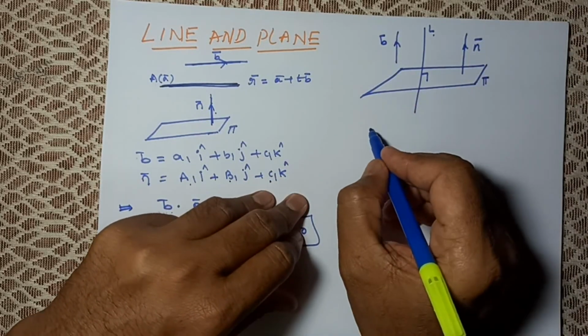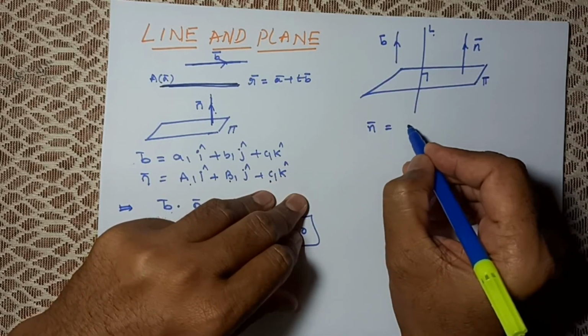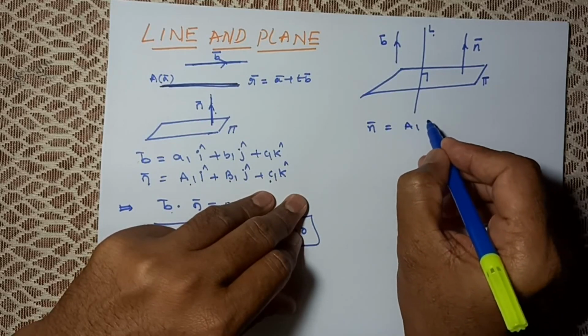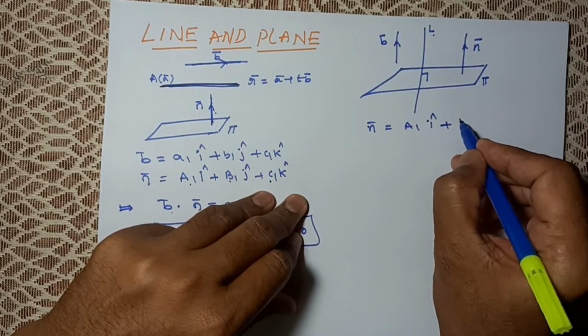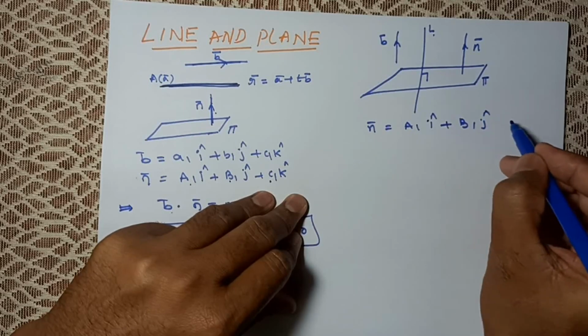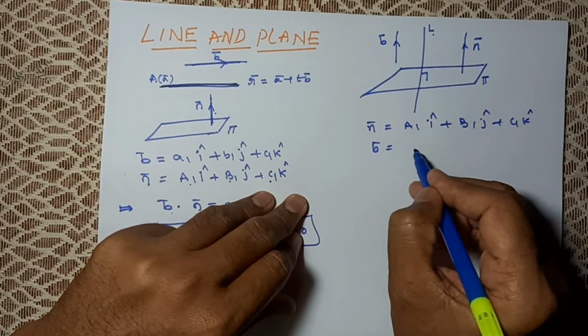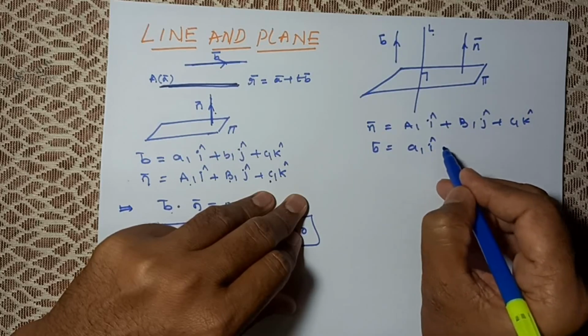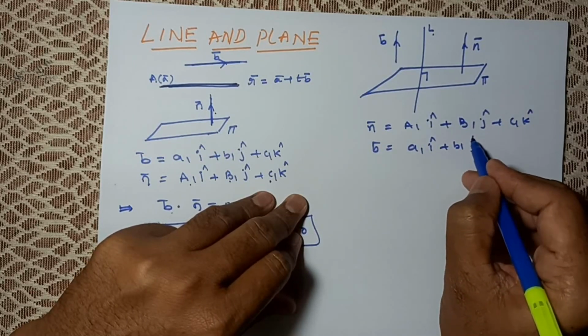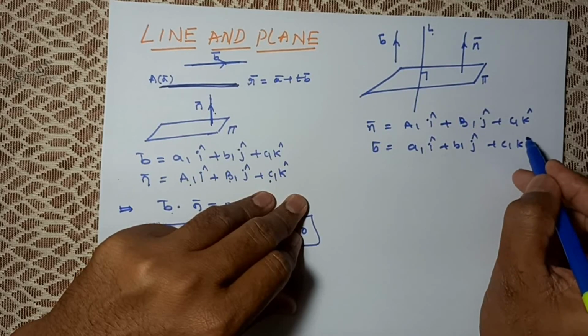When these two are parallel, n bar is equal to, we know, A1 i cap plus B1 j cap plus C1 k cap, and B bar is equal to small a1 i cap plus small b1 j cap plus small c1 k cap.